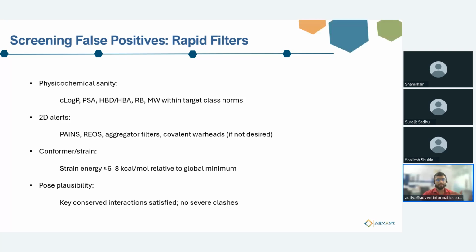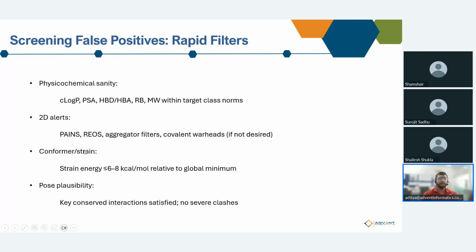So how can we screen false positives? Firstly, physicochemical considerations are always there. You need to consider all the physicochemical sanity here: logP, PSA, hydrogen bond donors and acceptors, basically Lipinski's rule and all such things. 2D alerts from the cheminformatics side, like PAINS, reactive oxidative species, aggregators, filters. If you have covalent warheads in your system, you need to consider them. If you don't, it will not make a good fit.